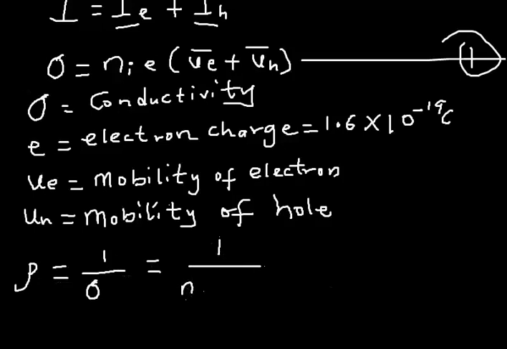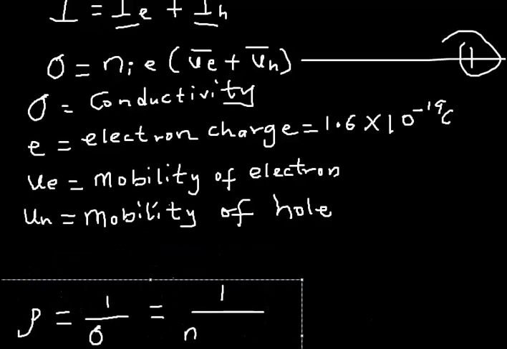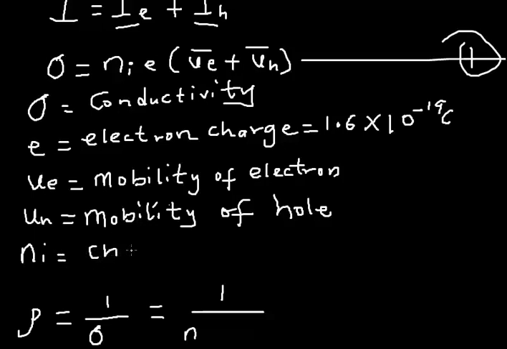There's one parameter that's missing, pardon me: n_i. This n_i represents the charge carrier density or concentration.